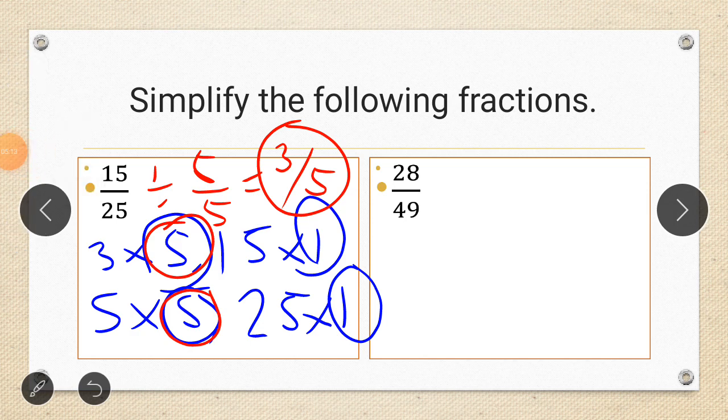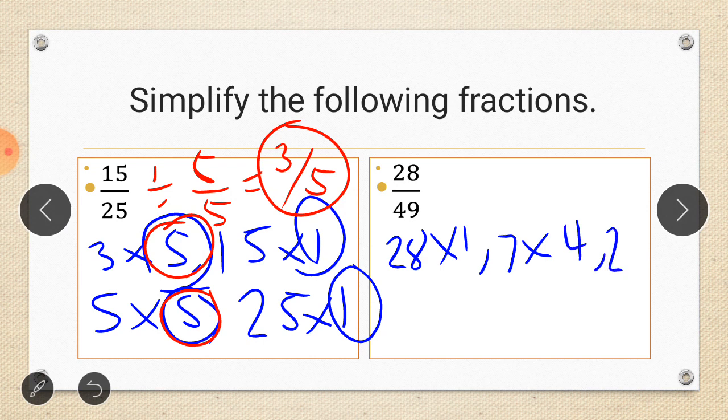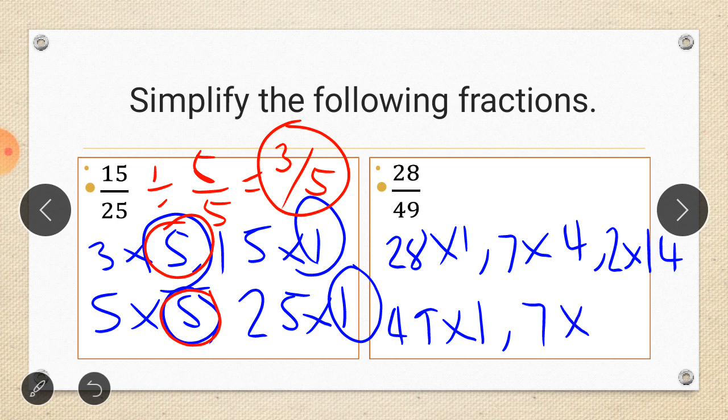Let's have another example. We have 28/49. The factors of 28 are 28 times 1, 7 times 4, 2 times 14. For 49, we have 49 times 1 and 7 times 7.